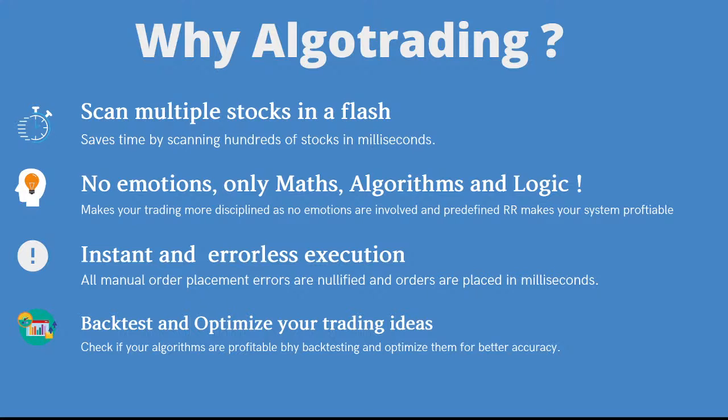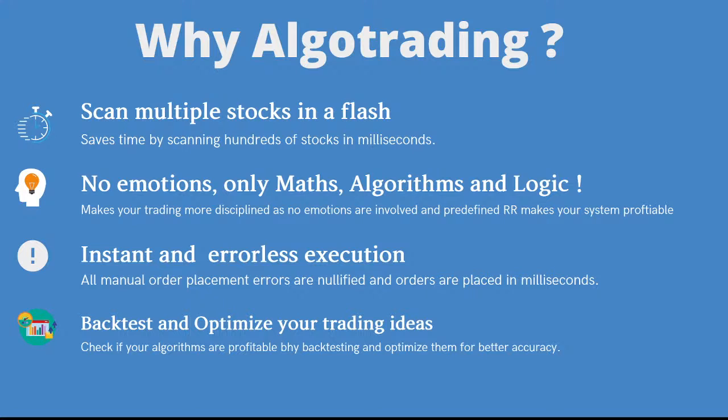Also, the best advantage about algorithmic trading is that before implementing any idea or any strategy directly in the live market, you can actually backtest a strategy, optimize and improve it, and then once the accuracy is enhanced, you can perform it in the live market.